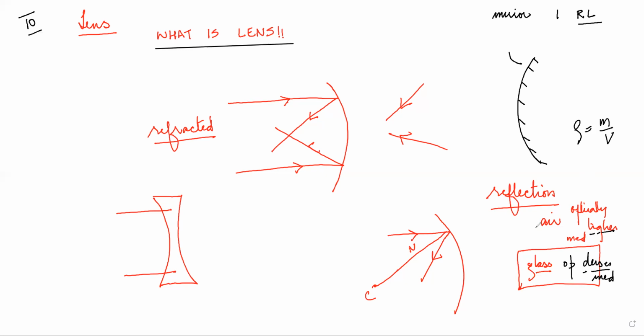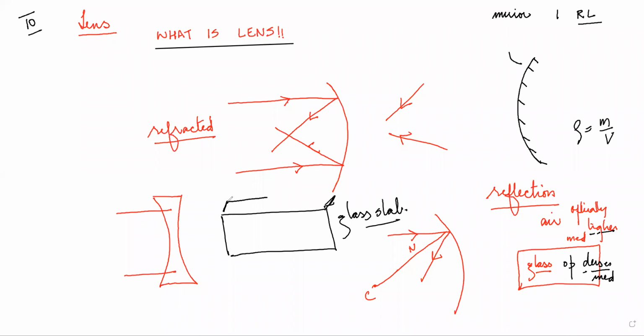Simply, students, see that if you have a glass slab, we call it a prism also. Fine, it can be a prism, call it a glass slab, it has some thickness. Now, students, a ray of light comes.